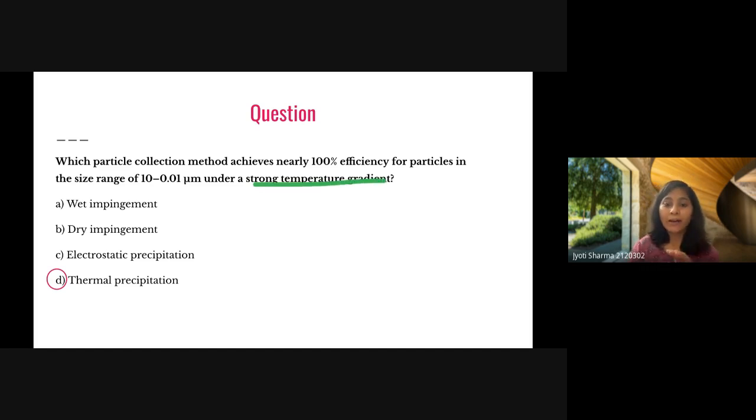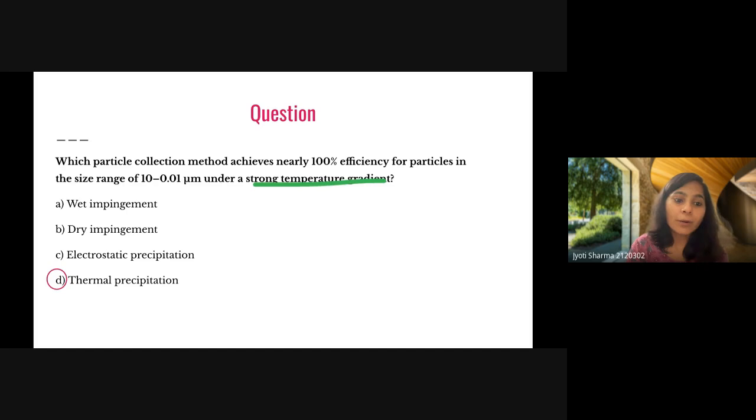Whenever we have high temperature and low temperature and we are creating that gradient, the particulate matter will move from high temperature to low temperature, and this is how we can achieve 100% efficiency. Pradeep told me that temperature gradient is for thermal. Yes, exactly. From that word, you can catch which answer will be the right one.